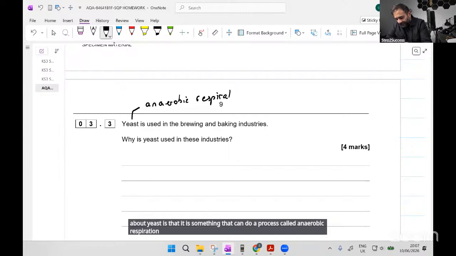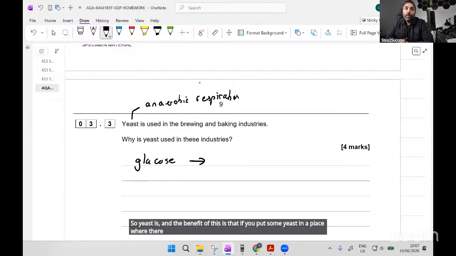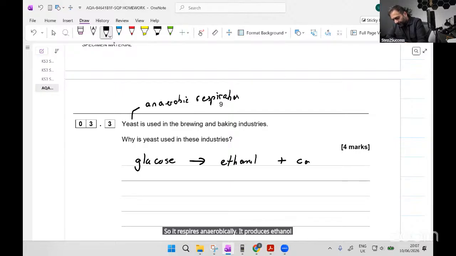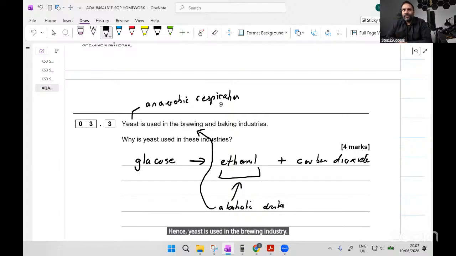If you put yeast in a place with no oxygen, it respires anaerobically and produces ethanol and carbon dioxide. Ethanol can be used to make alcoholic drinks. Hence, yeast is used in the brewing industry. That's basically one answer to that question.